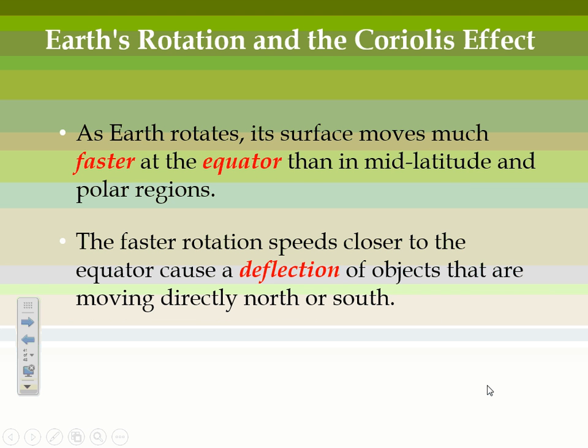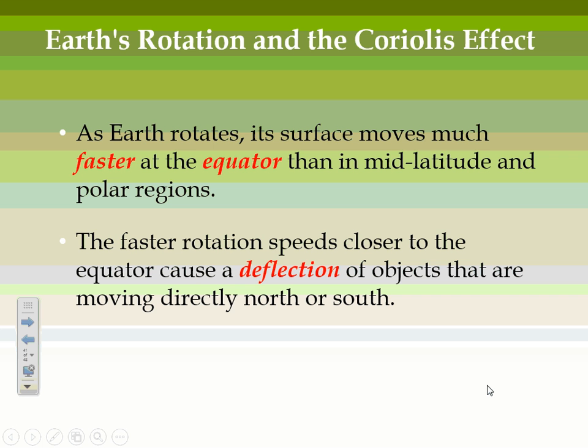So another concept that goes into this air movement is the rotation of the Earth, which causes the Coriolis effect. As the Earth is rotating on its axis, it's moving faster at the equator than at other latitudes. So that faster rotation speed causes a deflection of objects moving north and south.